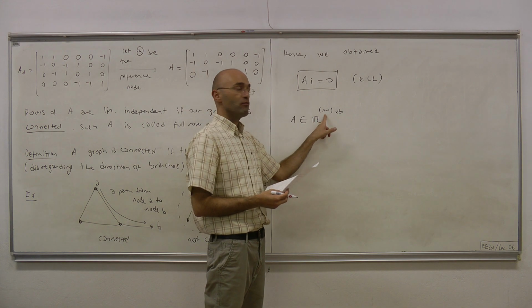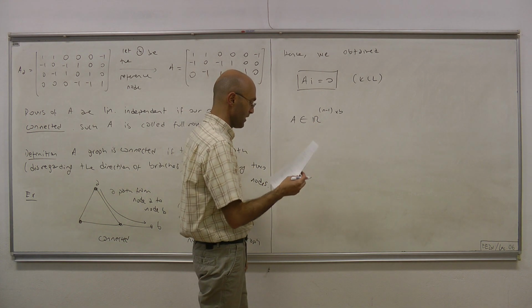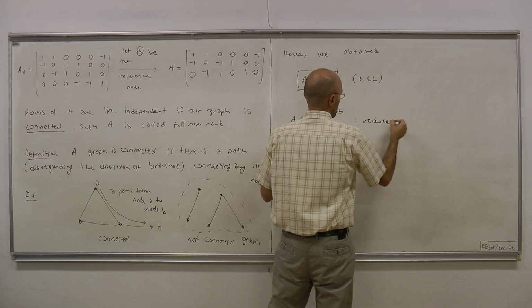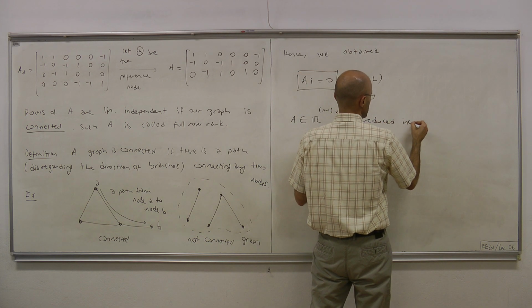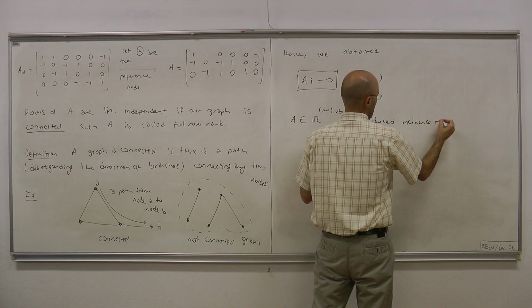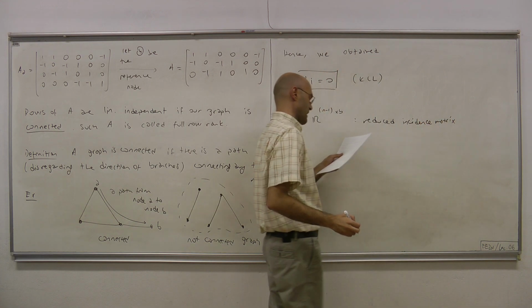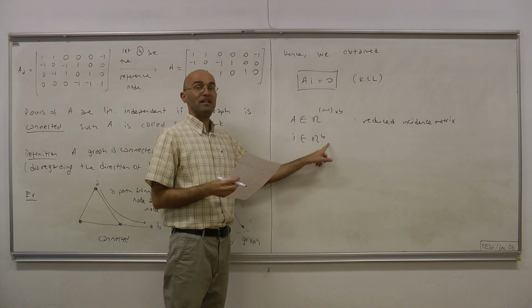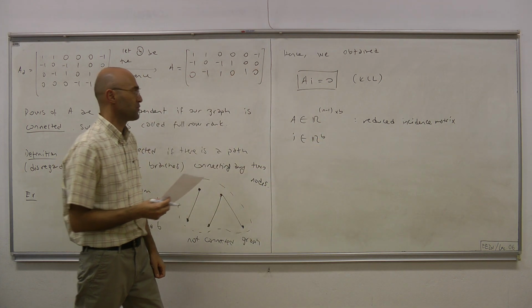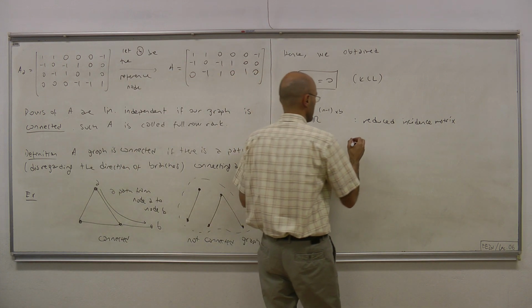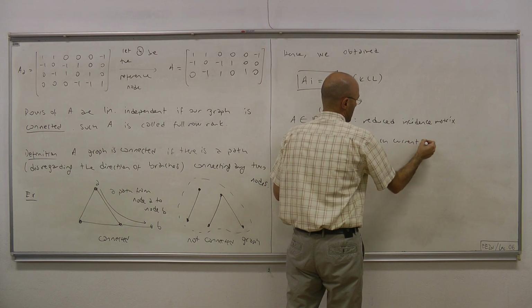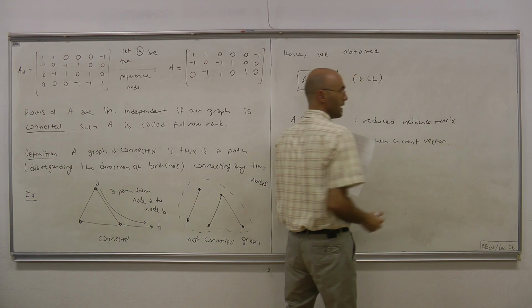Remember, n was the number of nodes and B was the number of branches. And this is our reduced incidence matrix. And I is a vector of dimension B, B number of branches, the branch current vector. Okay.